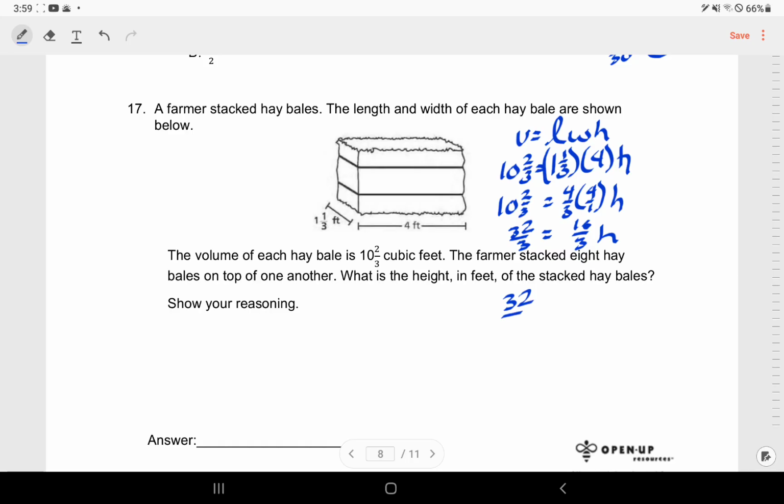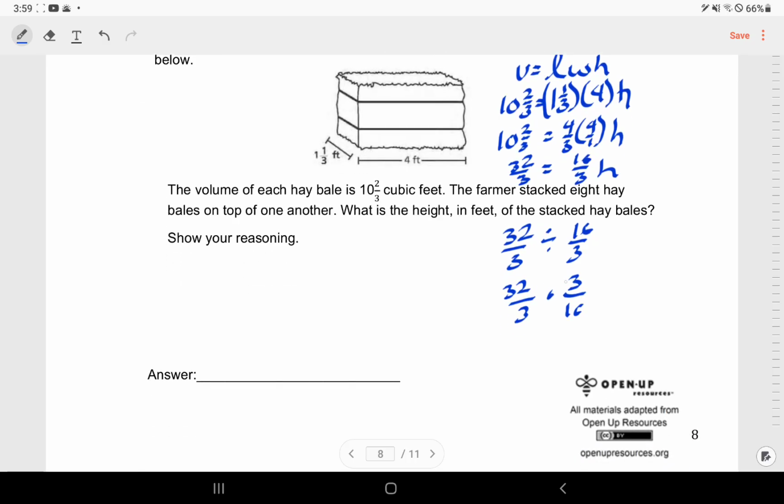So that's 32 over 3 divided by 16 over 3. Well, keep, change, flip. Well, 3 times 32 is 96. 3 times 16 is 48.